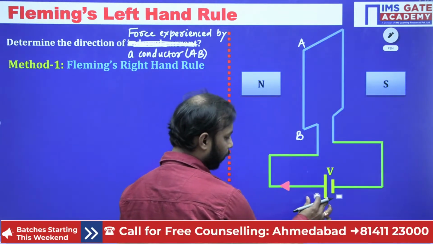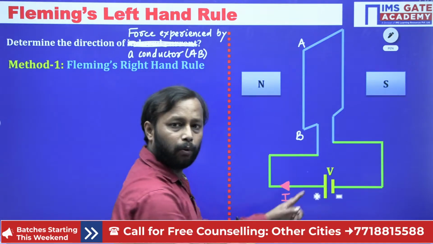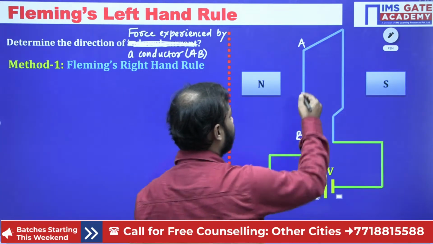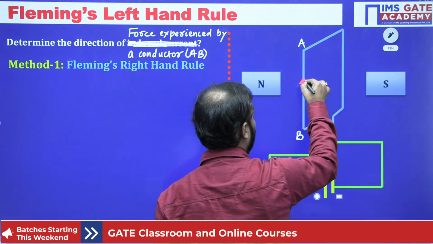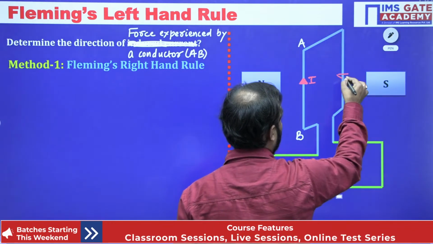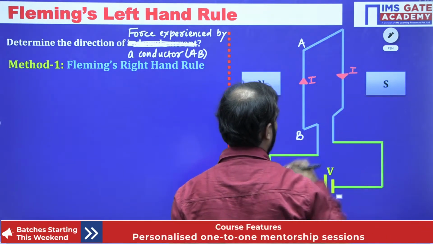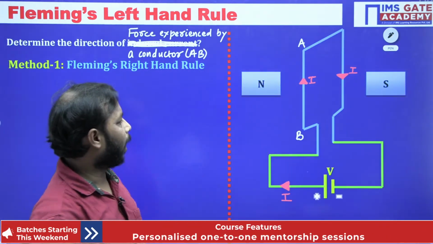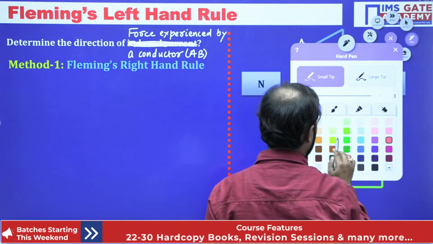See the positive terminal of the battery. So current will move like this, and it will go like this in this conductor, and in this conductor the same current will move downward like this. And in the same way, the direction of magnetic field is from where to where?